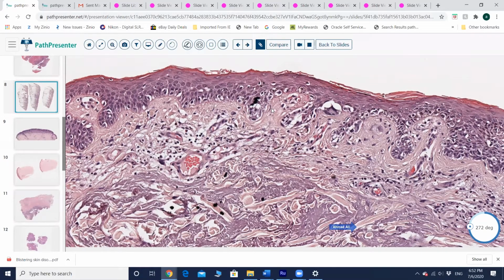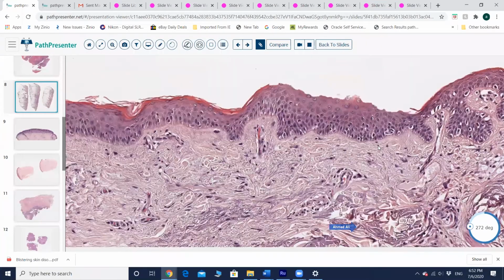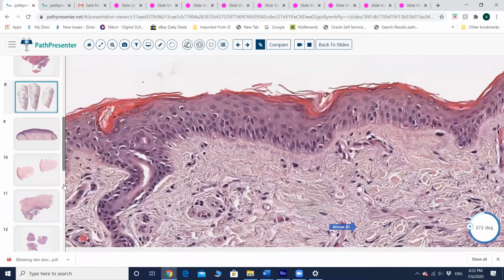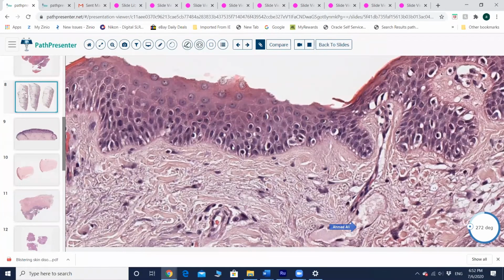There is another question: how do you differentiate between lentigo maligna melanoma and superficial spreading melanoma? The first and very important thing to keep in mind is that the atrophic epidermis, which we saw in some areas, does not tend to happen in superficial spreading melanoma.